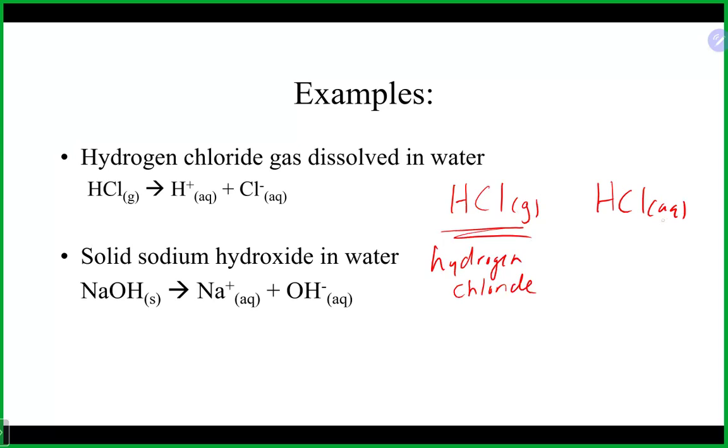But if you remember when we talked about naming acids, they typically are aqueous solutions, and this would be hydrochloric acid. And obviously, we talked about naming acids, and depending on whether or not it has oxygen, right, as to how you go about naming it.